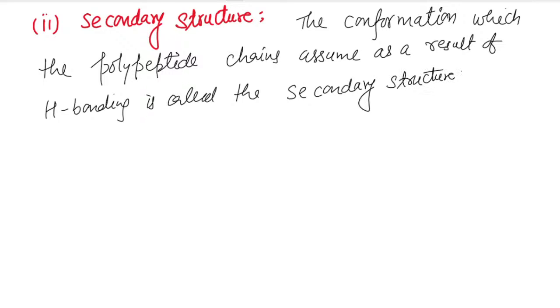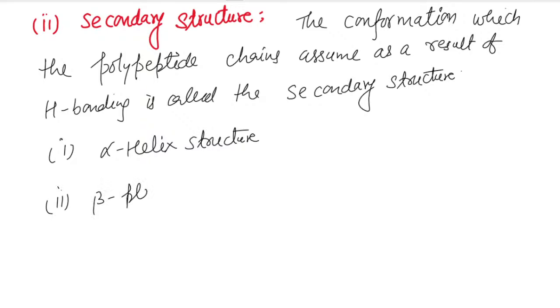Depending upon the size of the R groups, we have two types of secondary structure, that is alpha helix and beta pleated structure. These are the two secondary structures of proteins.